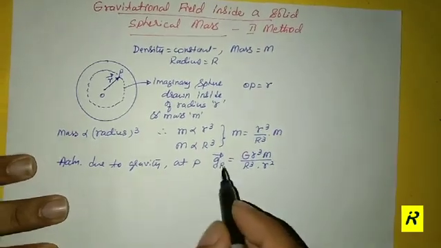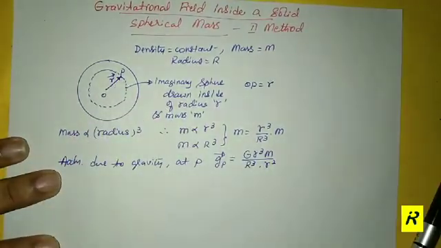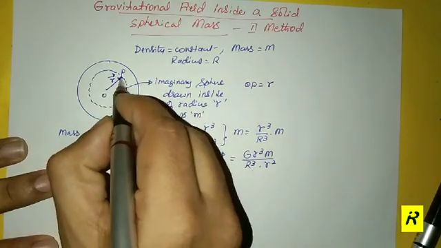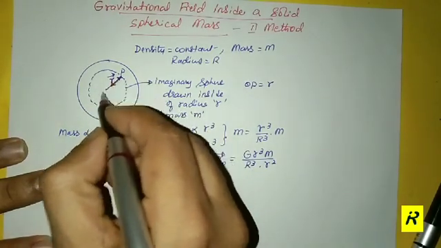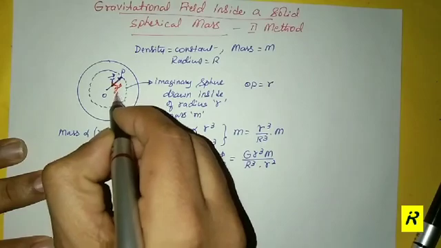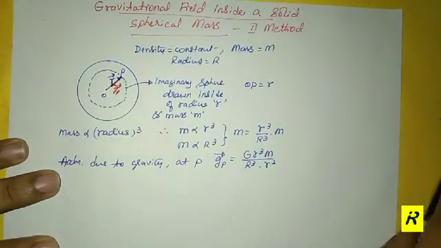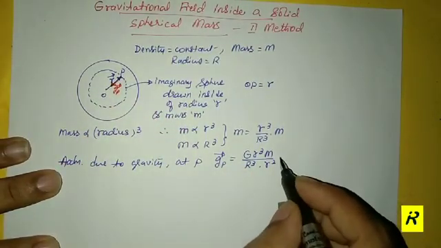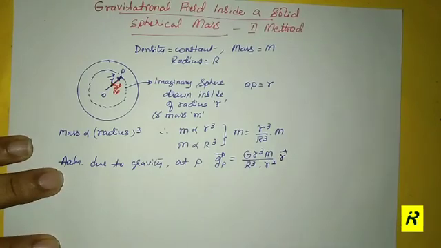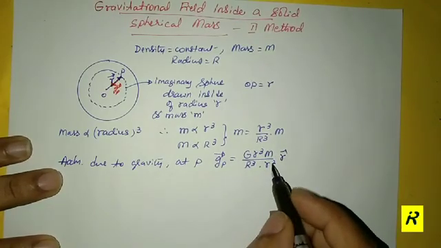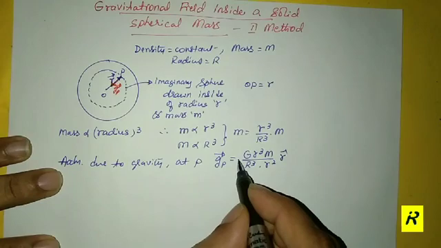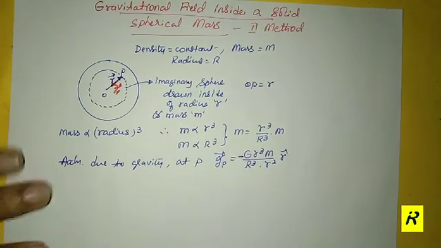And this Gp is acting always in inward direction, that is in this direction. Okay, so this is the direction of G vector. So Gp is acting inward. So for that I should say this is r cap. So now that means in opposite direction, so I should include this negative sign together.